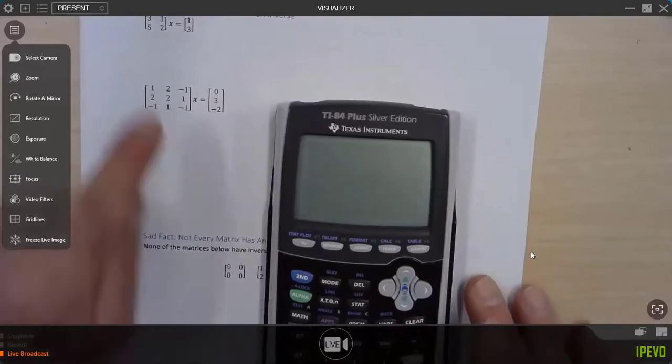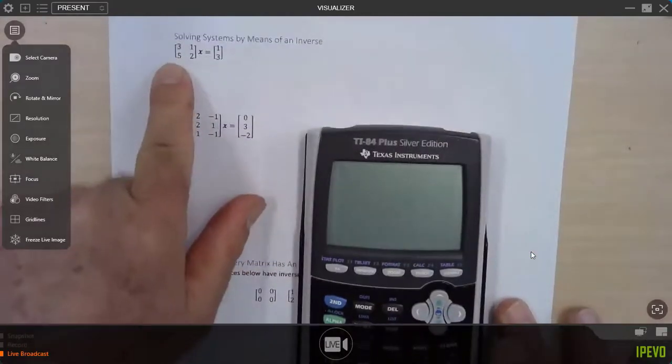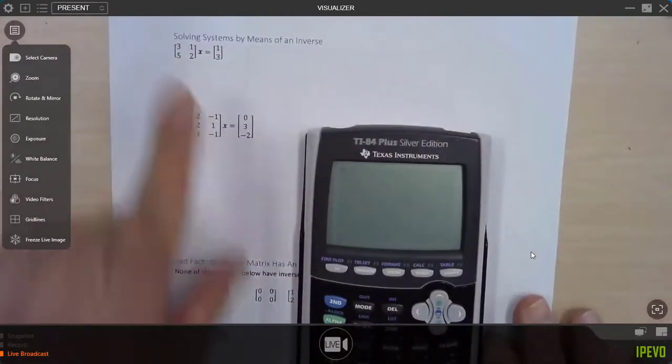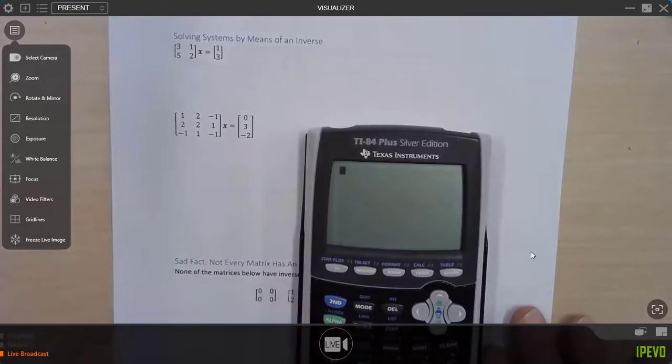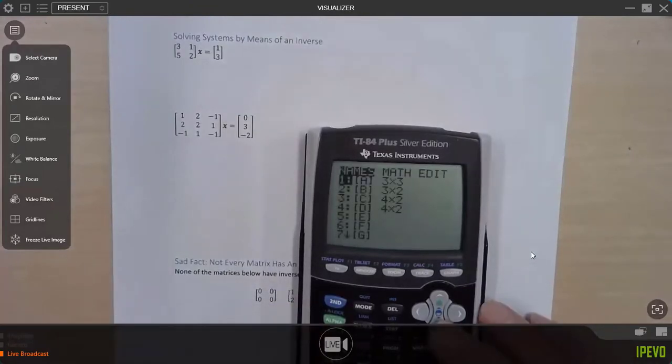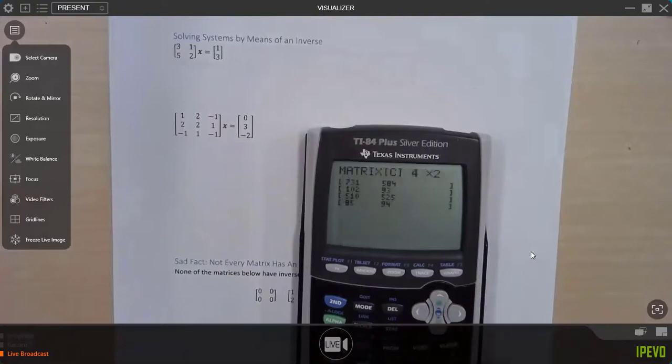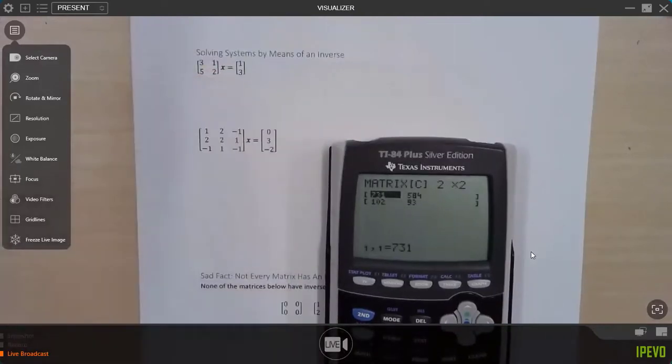So let's get the inverse of this matrix, or find out it doesn't have one. I'm going to go to the matrix menu, and let's do a new one. I'll edit C, and I want that to be a 2 by 2 matrix: 3, 1, 5, 2.